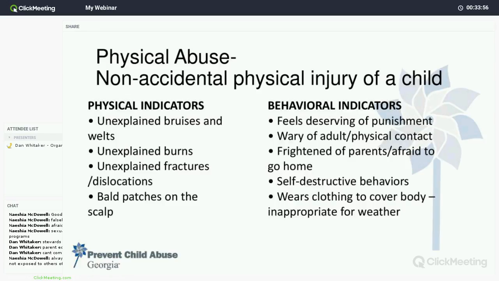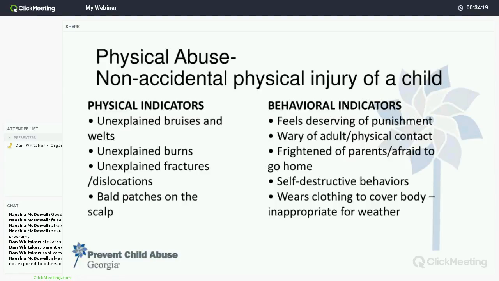So this can be reflected in the child's ability to handle stressful situations and how they interact with other children or authority figures. Here we can see behavioral indicators as being, they might feel shame, deserving of punishment, weary of physical contact, frightened to go home, or frightened of the parent, especially if they've just received a bad grade or something like that.